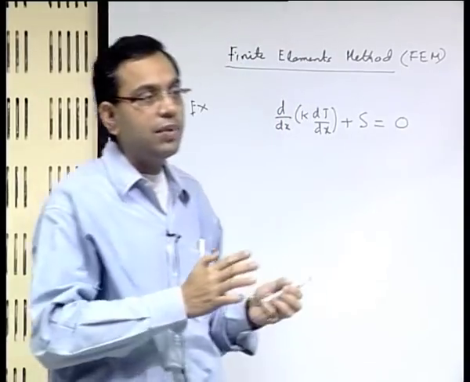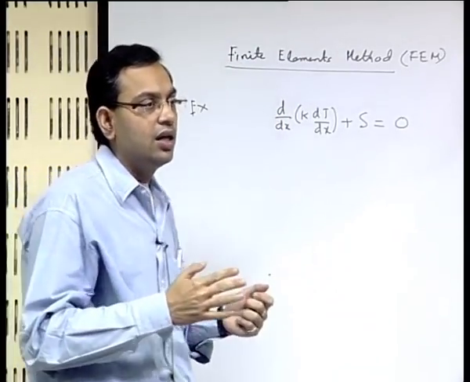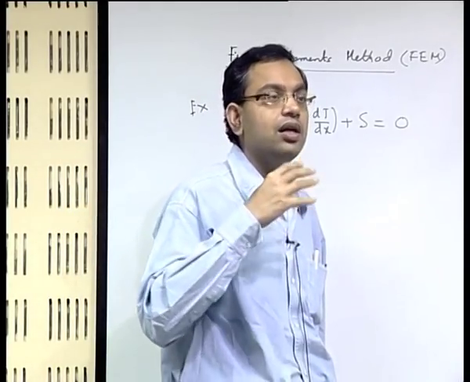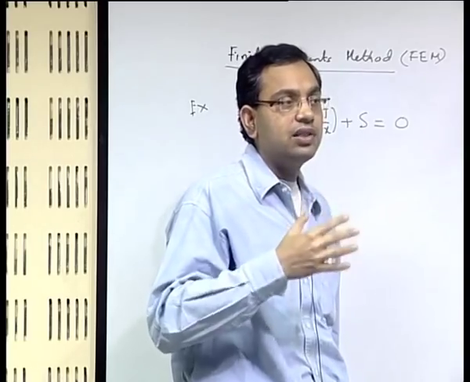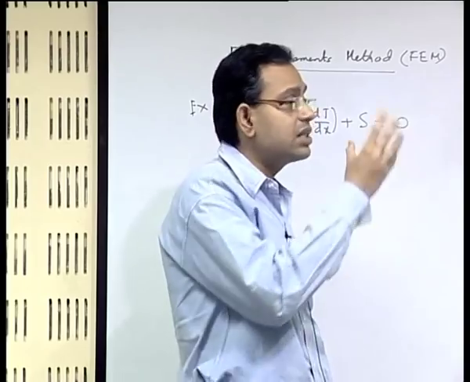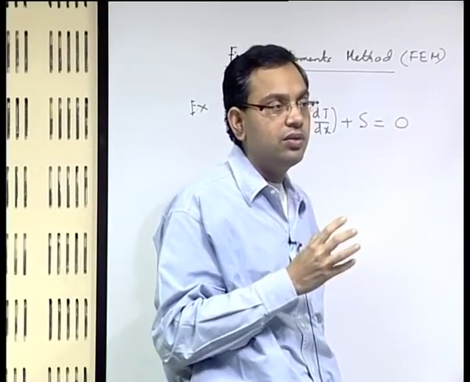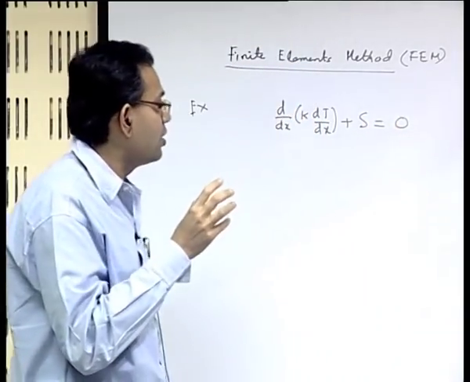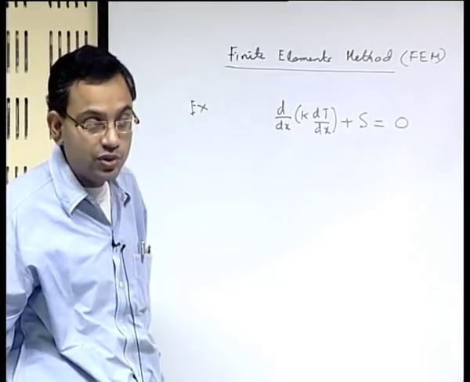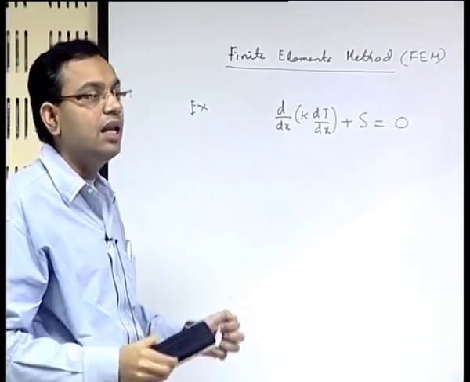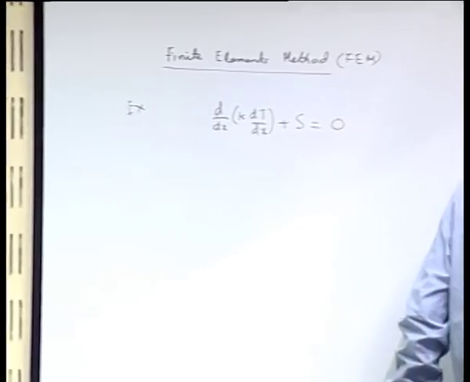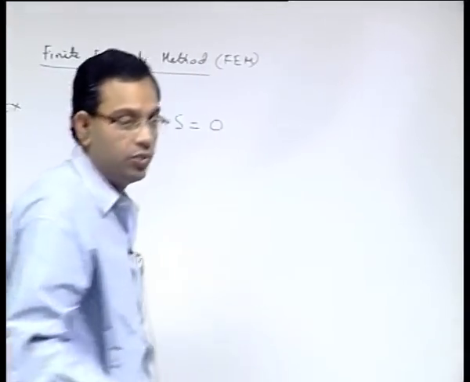So, the Galerkin's method, if you recall, had a trial function same as the weighting function, and we employed that trial function and weighting function over the entire domain. Now, in the discretized version of that, in the finite element method, we will employ that over each of the discrete subdomains in which the domain is decomposed, and each subdomain is called an element in a finite element method. So, the first step, if you remember, divide the domain into a number of discrete subdomains.